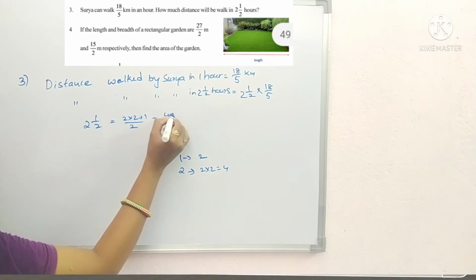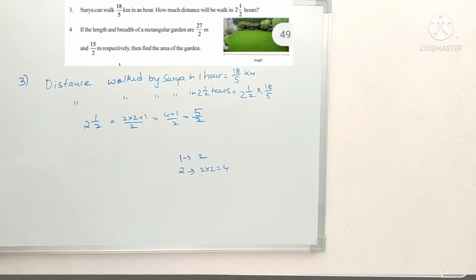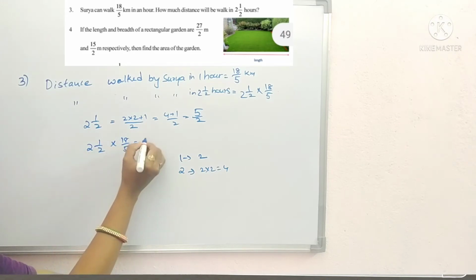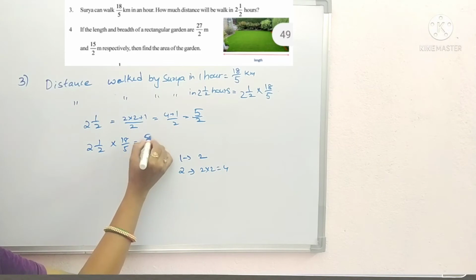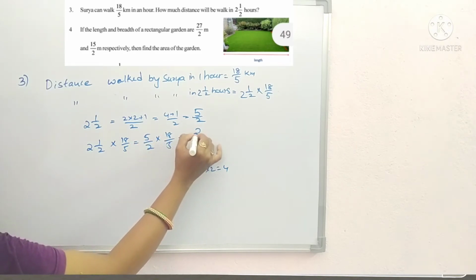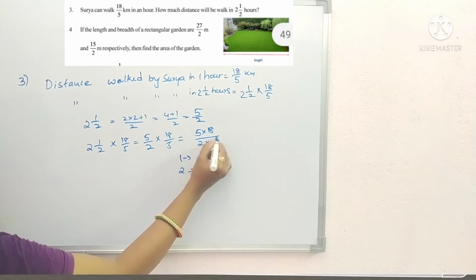This is 4 plus 1 by 2, so that is 5 by 2. So now 2 1 by 2 is 5 by 2, into 18 by 5. So now this is 5 into 18 by 2 into 5.